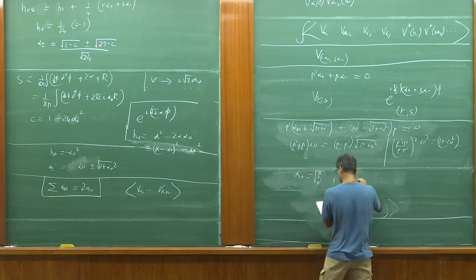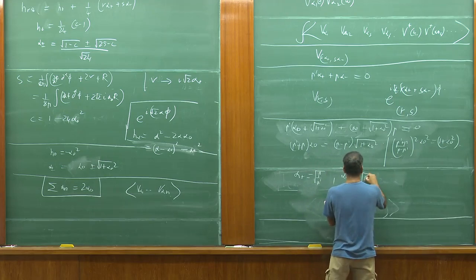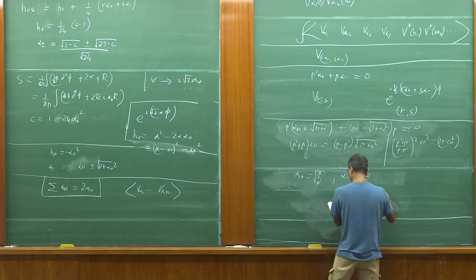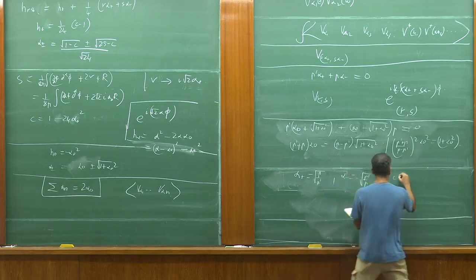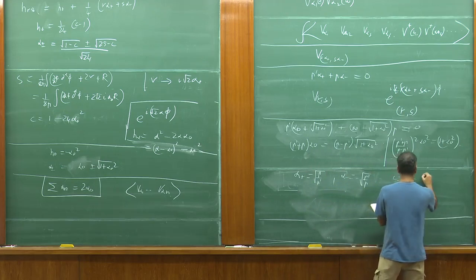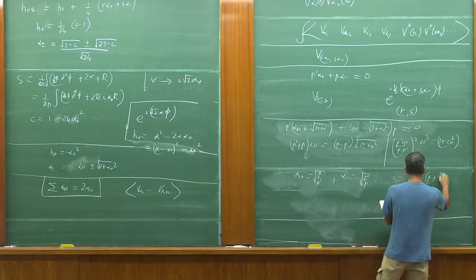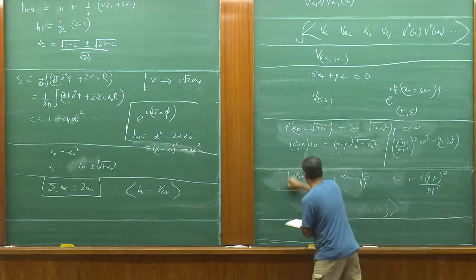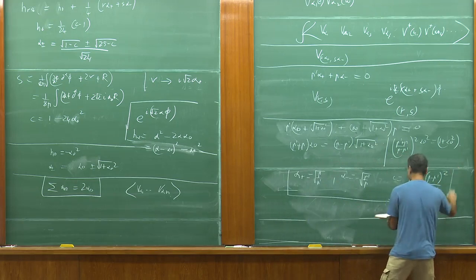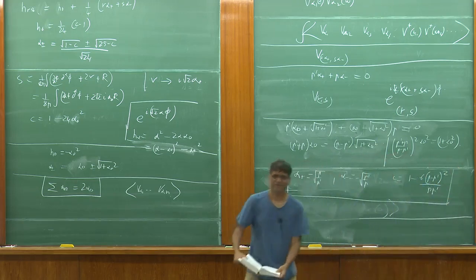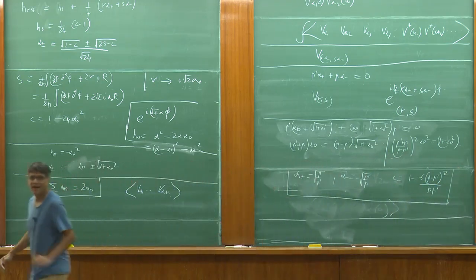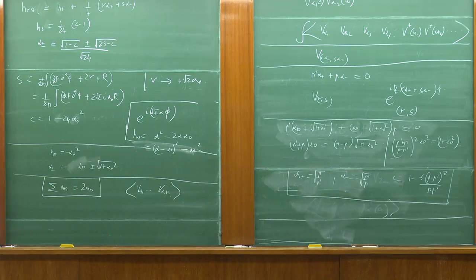Alpha minus is equal to minus square root of P prime by P. And c is equal to 1 minus 6 (P minus P prime) squared divided by P P prime. Okay, so we just recover the old formulas we had, for obvious reasons. We're doing the same thing. Now there's no alpha naught anymore, there's a P and P prime. Great.